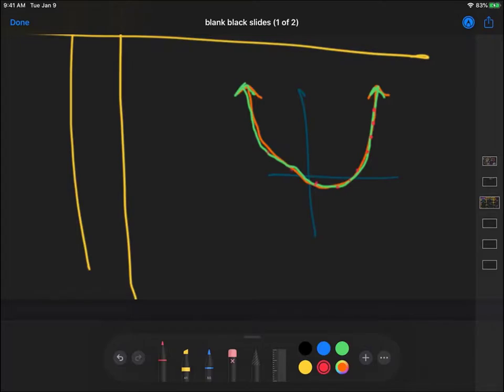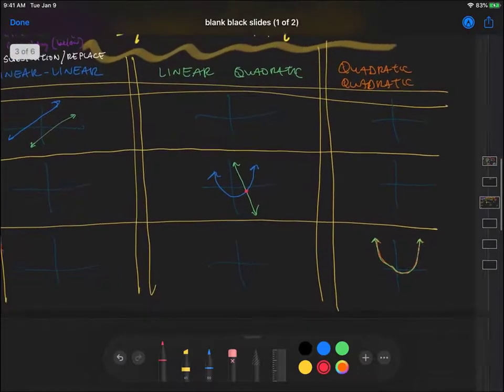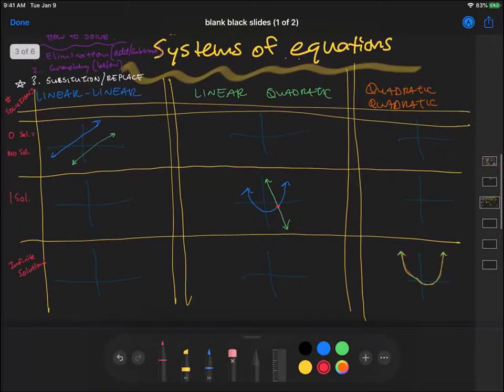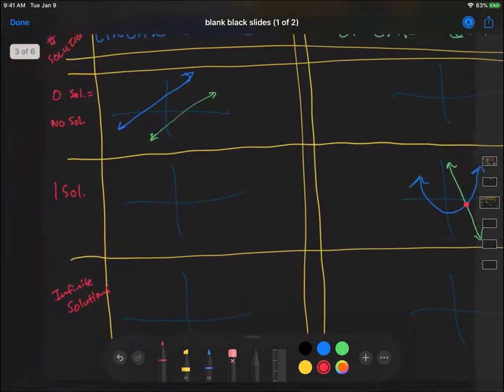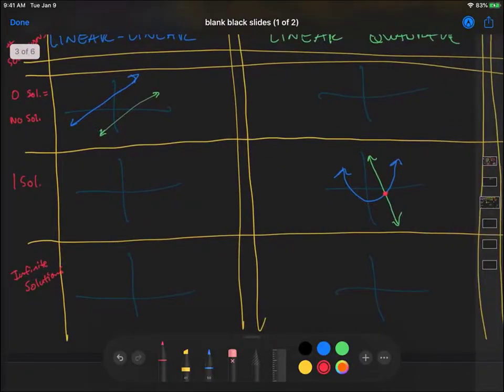Alright, you finish that up, press pause, and then I'll show you the rest of those solutions. Alright, so the graphical one solution for linear-linear is just going to be an intersect, right?